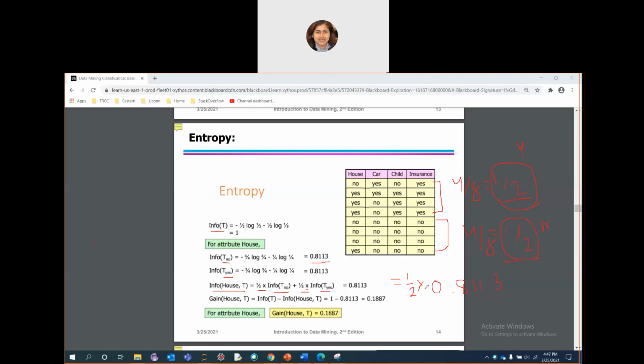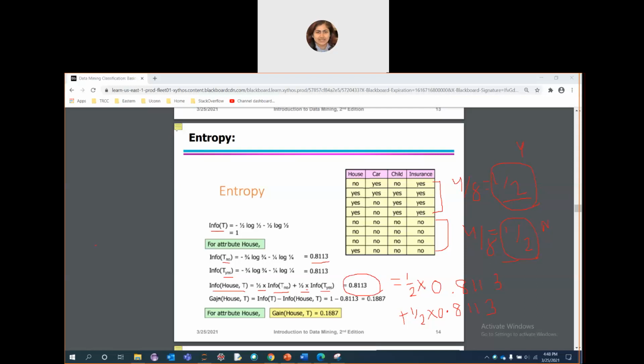You can further simplify it by multiplying, and it will be added with this. So info of T yes is how much? Same, we are getting 0.8113. It will be multiplied with the whole probability of yes in the data set, that is half. So when you simplify this formula, it will give you this one as the answer.